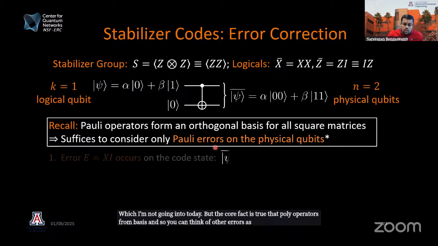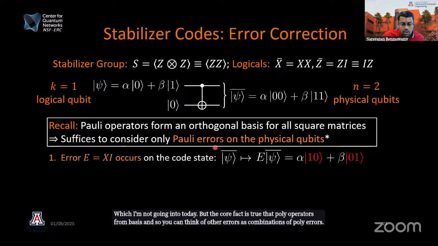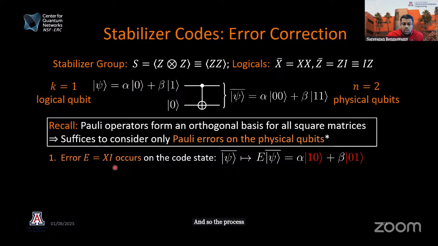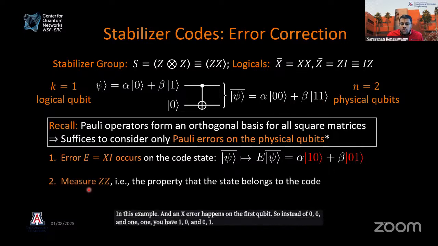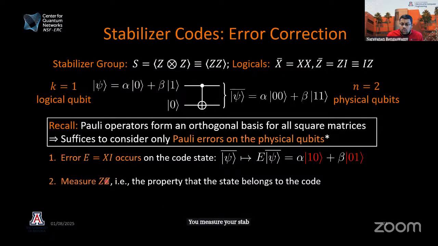The process of error correction is that an error happens on the state. In this example, an X error happens on the first qubit. So instead of 00 and 11, you have 10 and 01. You measure your stabilizer. You measure ZZ using a circuit that I'll show later.